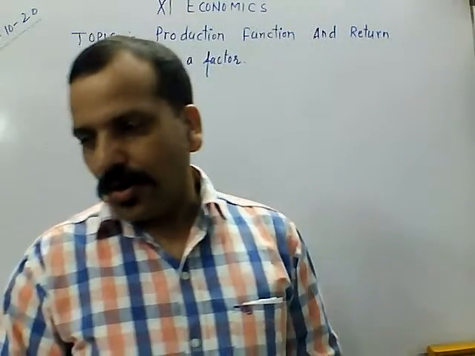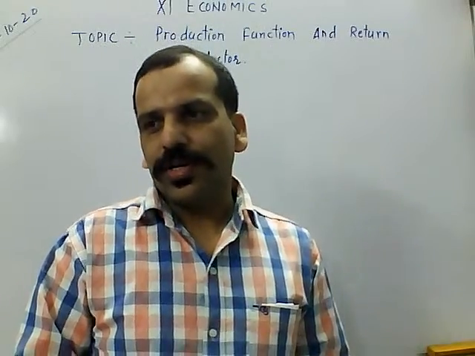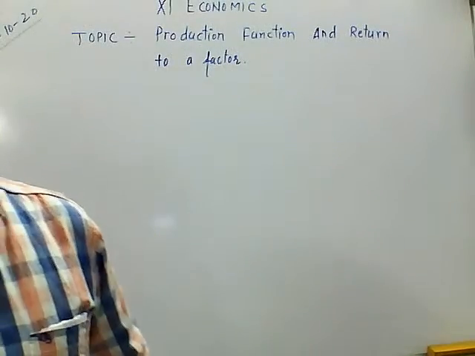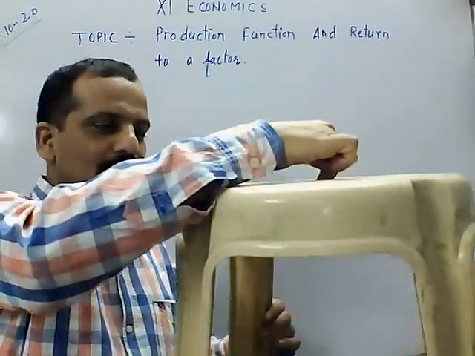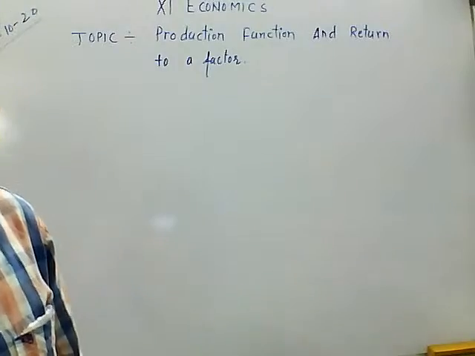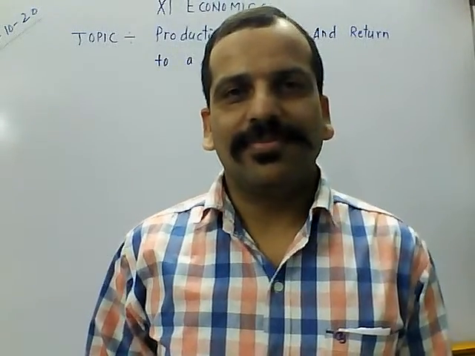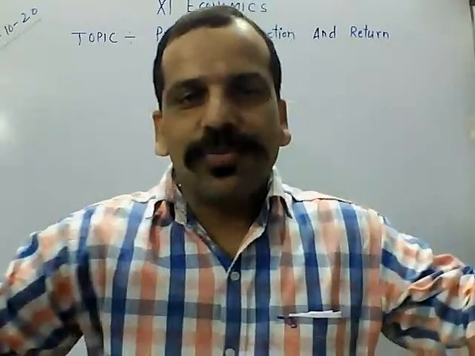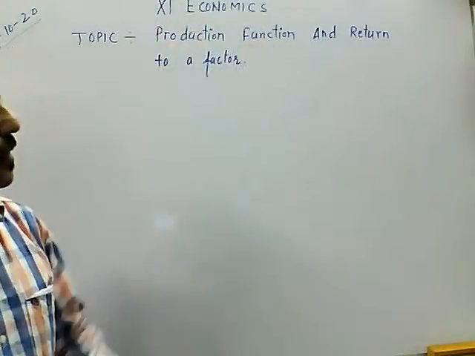So input is required for the output. When you talk about this tool, output. So input is plastic, which is required to make this one. So functional relationship between input and output is nothing but the production function.